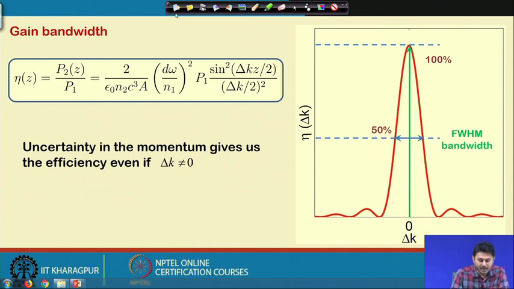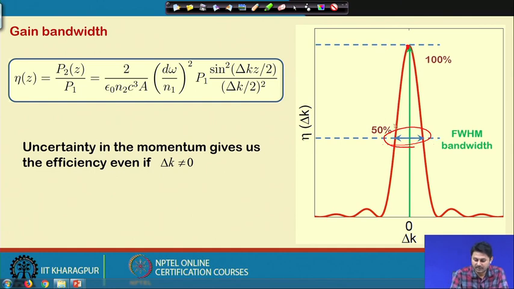So, what is the full width half maxima? We have a bell shaped curve, and here if this is the maxima, then half of the maxima is around this point. Now, try to find out what is the width at that particular point. That is why it is called full width at half maxima.